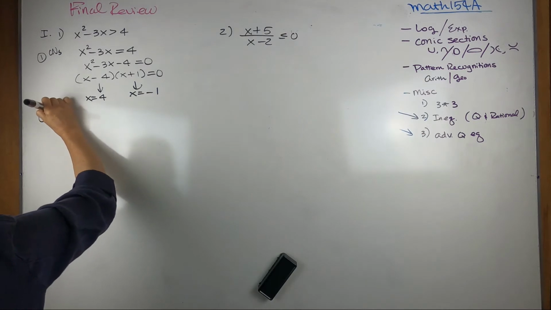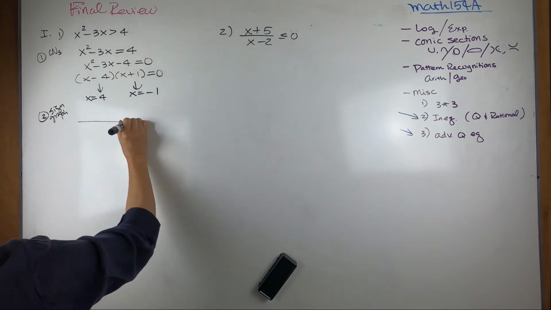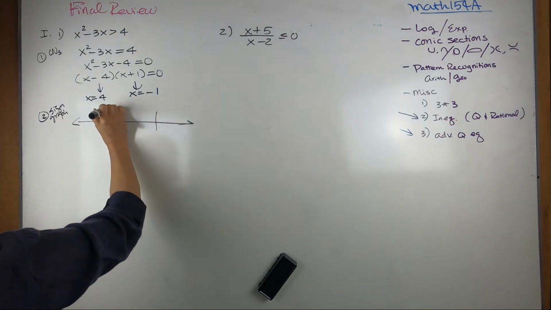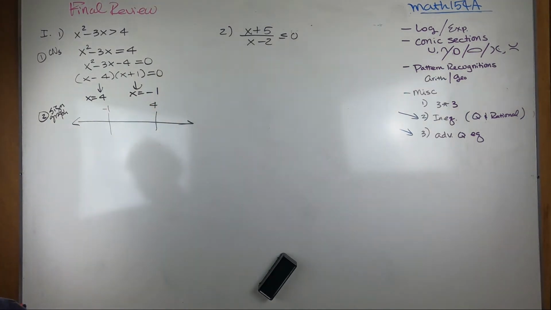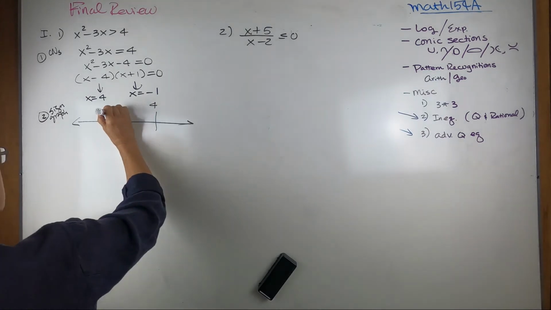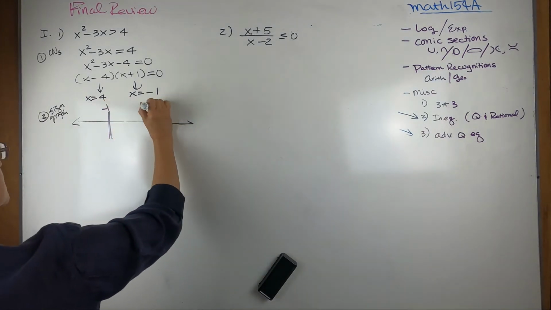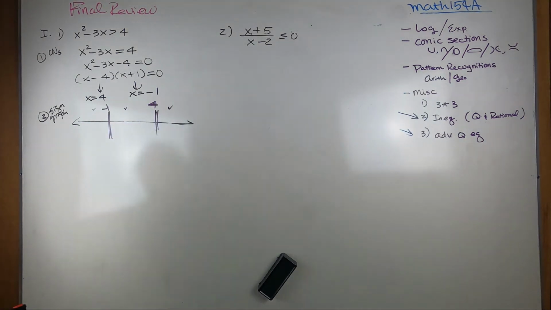Then, next one, use the sign graph to do that. Okay, use this one. 1 is what? -1, 1 is 4. Then from these 2 numbers, you have 3 regions, right?